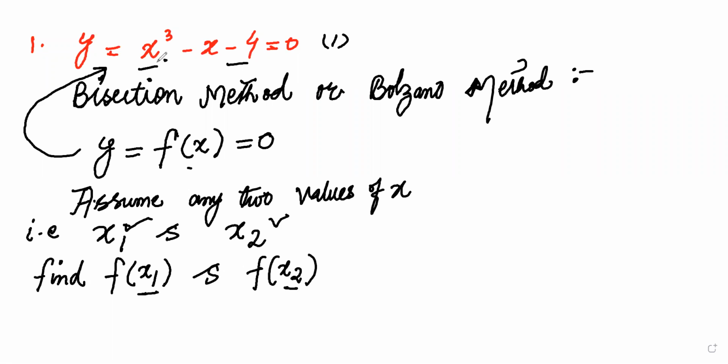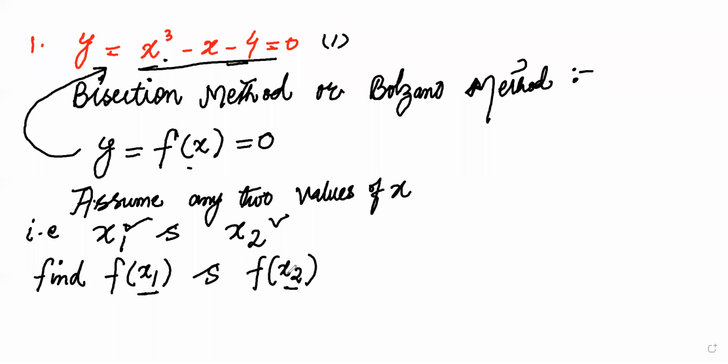This equation will be satisfied only at those values of x which are the roots of this equation. But x1 and x2 are values we are merely assuming, so they are not the roots.